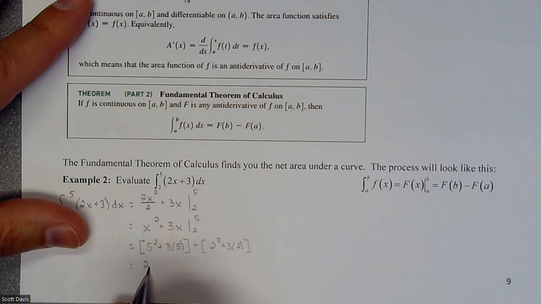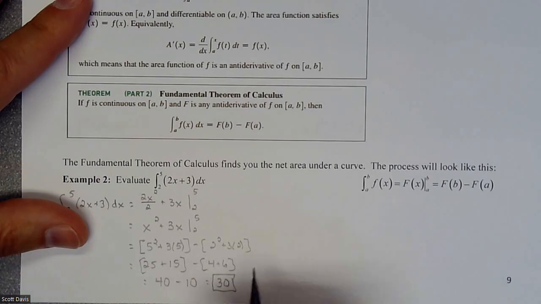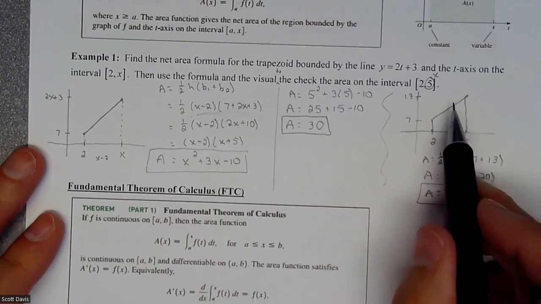So we get 25 plus 15, minus 4 plus 6. That's going to be 40 minus 10, and that equals the 30 that we got from the previous problem of actually drawing it all out and figuring it out.